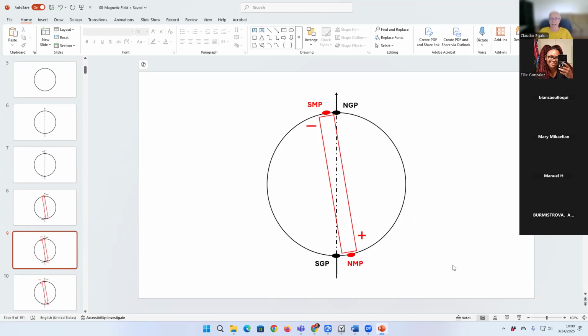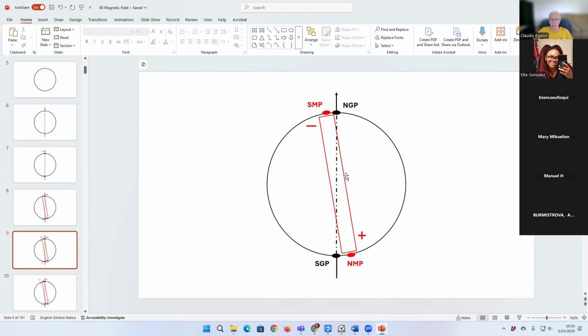And the north magnetic pole is closer to the south geographic pole. For this reason, the north pole of your compass needle points to a place that's closer to the north geographic pole.